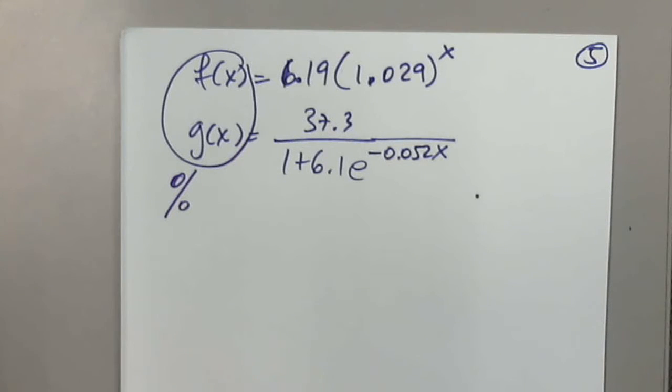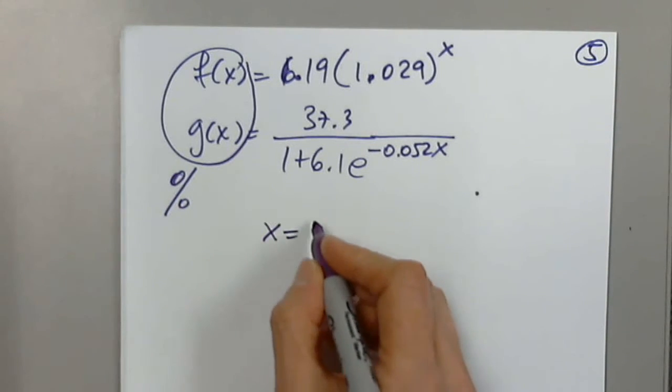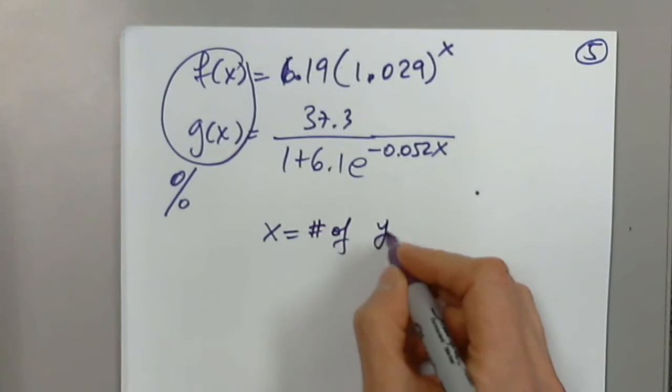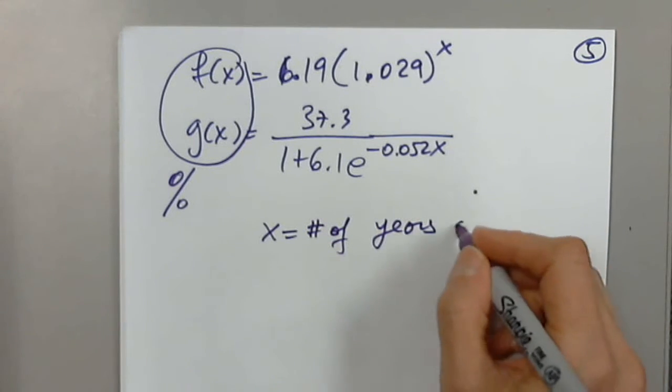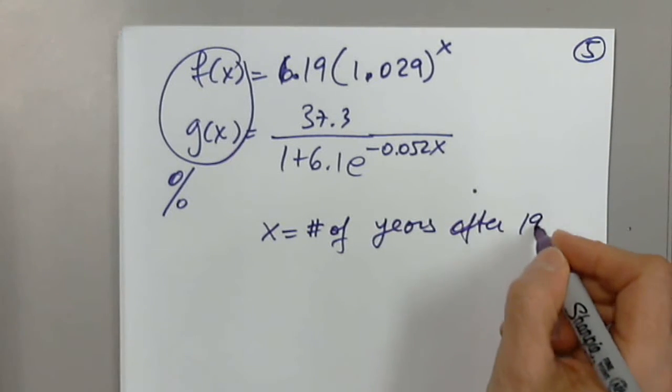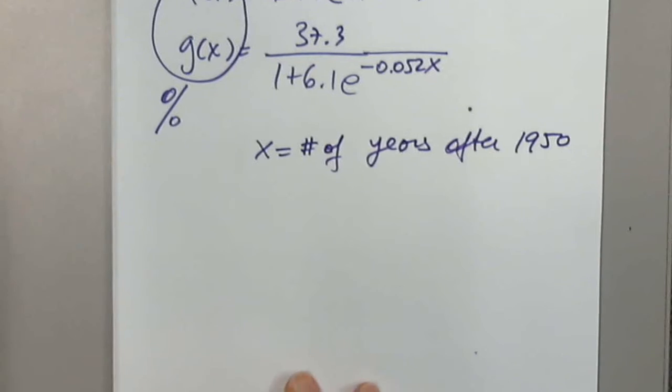of college graduates among people ages 25 and older, f of x, and x is the number of years after 1950.